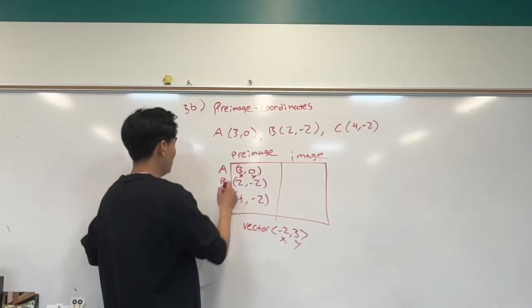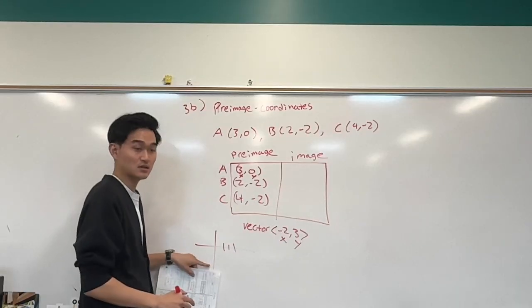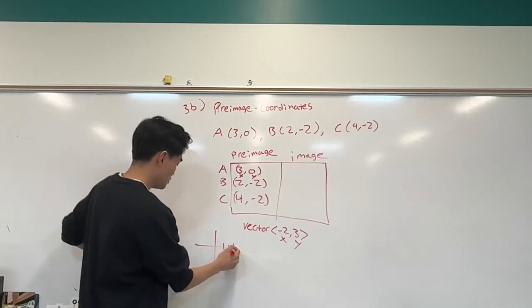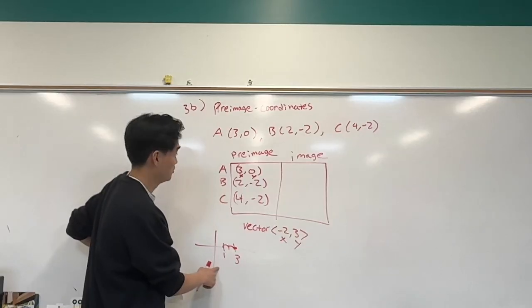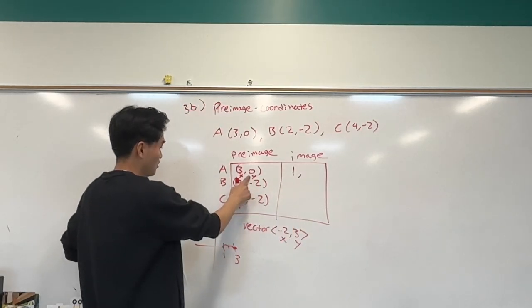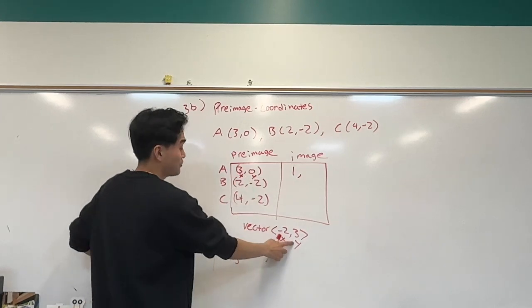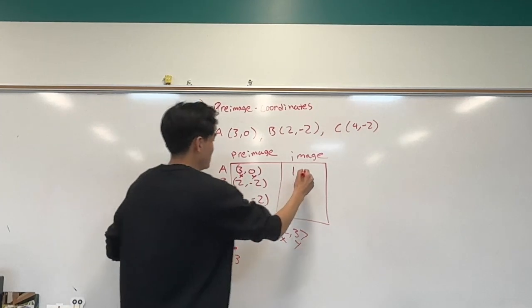So from 3, if I had 3 in my x-axis right here, and I'm moving 2 to the left, I am going to be at 1. Okay, so my x is going to be 1. My y, if I start at 0 and I move up 3, because this is plus, and it's on the y-axis, so I'm moving up, this is going to be 1, 3.